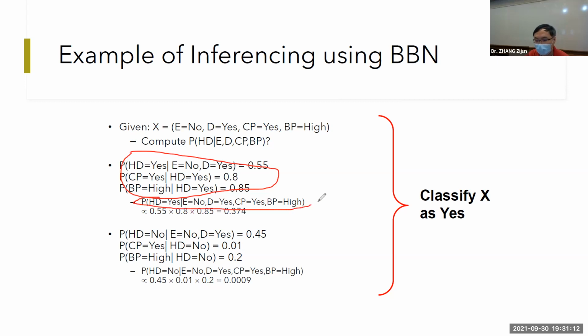And why can we say this probability is proportional to this one? This one describes that the probability is proportional to P(HD=yes | E=no, D=yes) multiplied by P(CP=yes | HD=yes) multiplied by P(BP=high | HD=yes). Why can we do such things? Anyone has a guess?